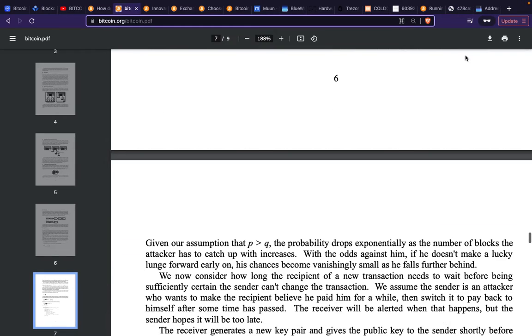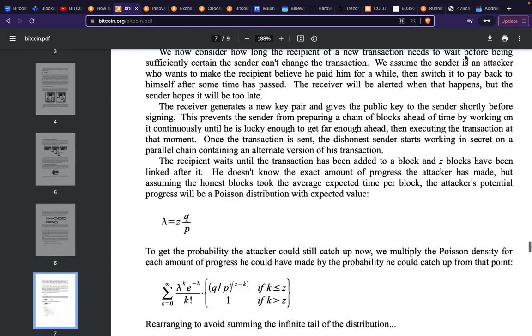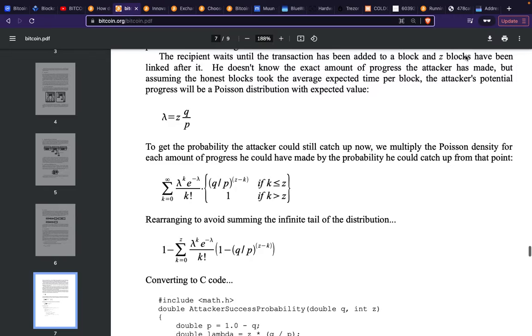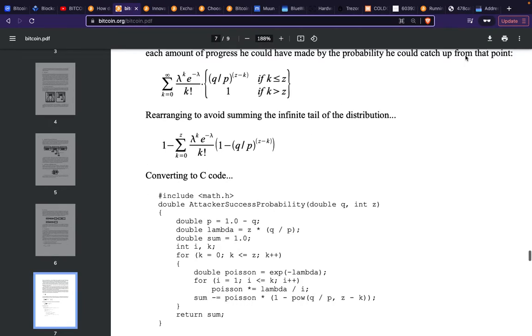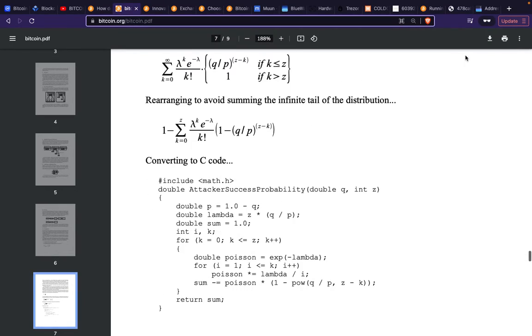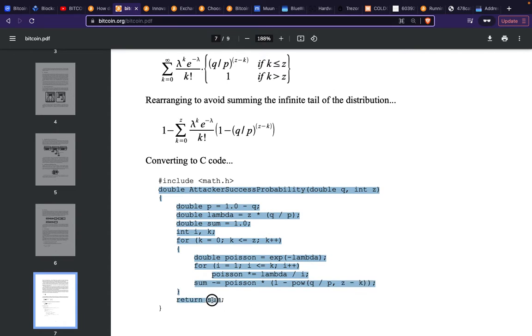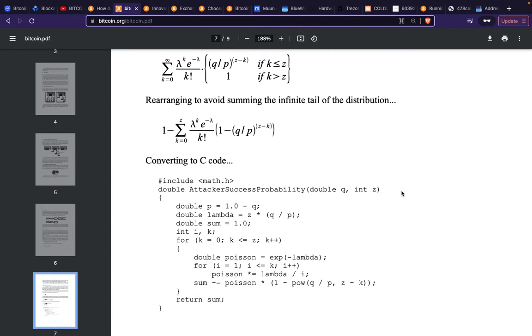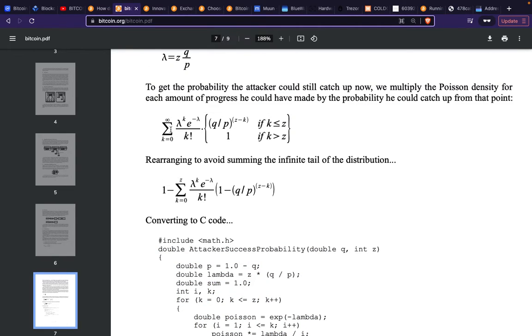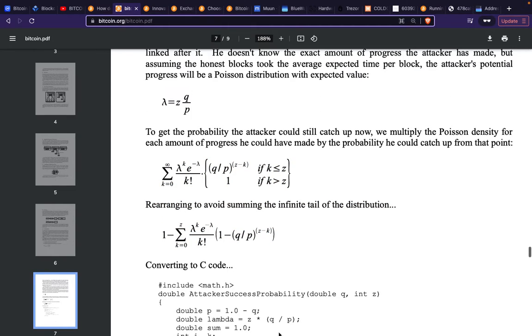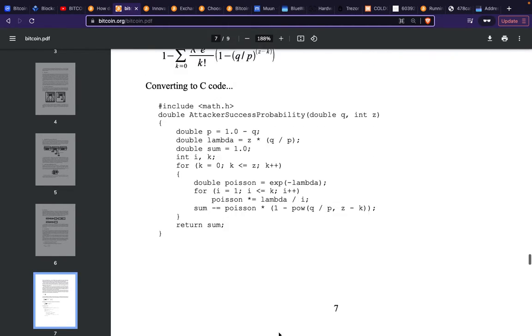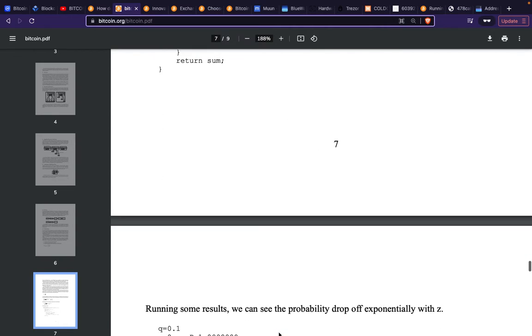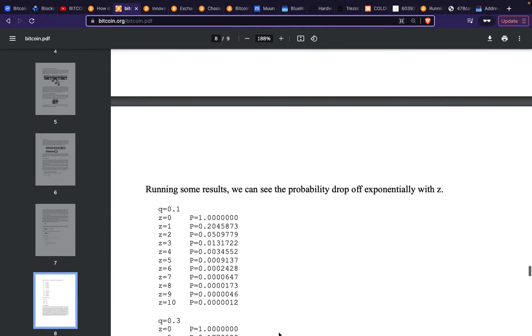Those are the mathematical equations, but this is more in code. This is in C code, for you guys who know C programming. This is just the math, converted into C, which has the limit of approximately 21 million.